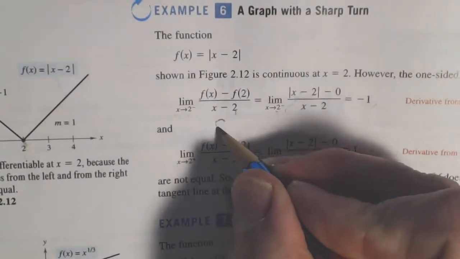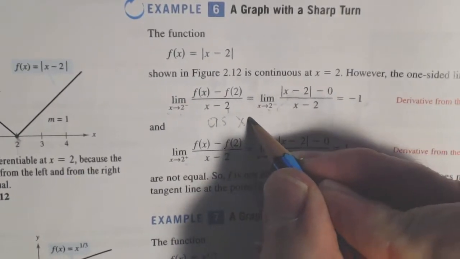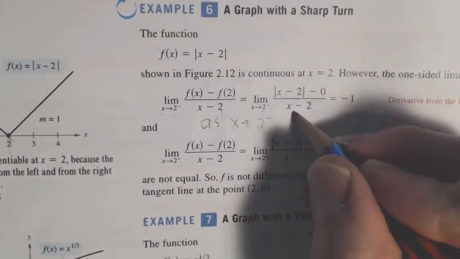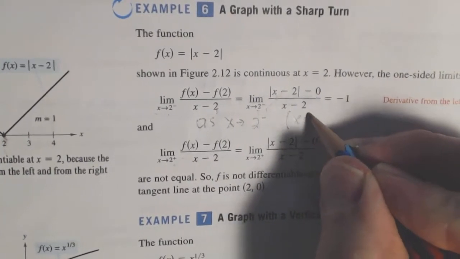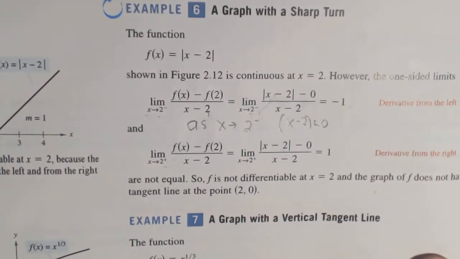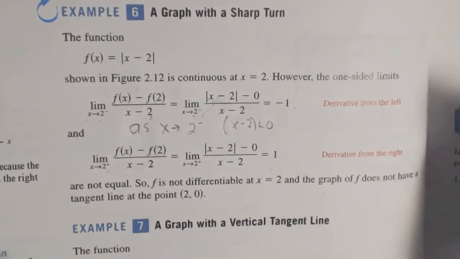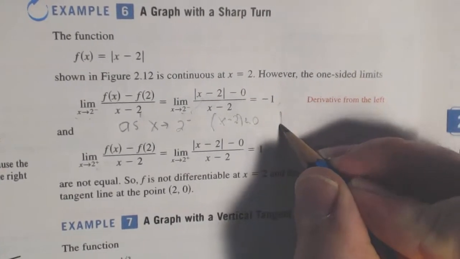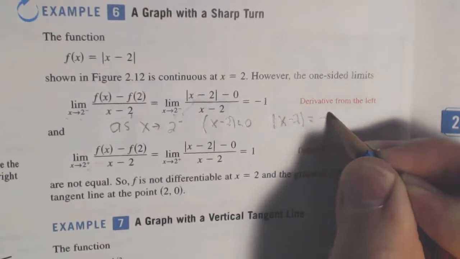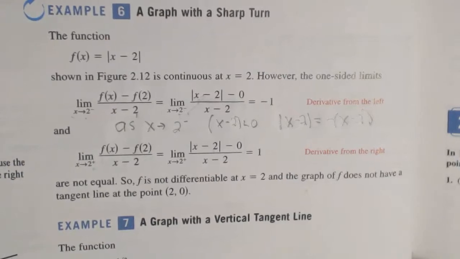So as x approaches 2 from the left, x minus 2 is less than 0. That means that the absolute value of x minus 2 equals its opposite. It's the opposite of x minus 2.